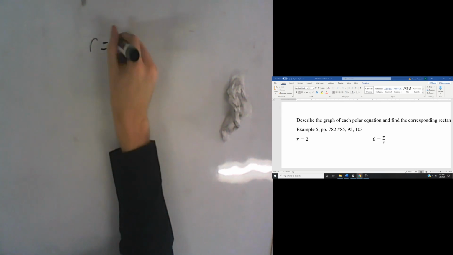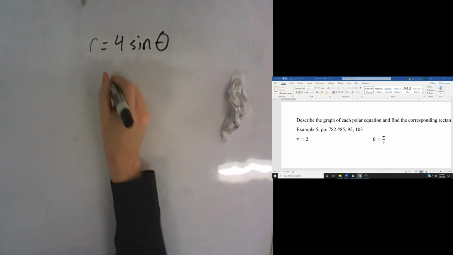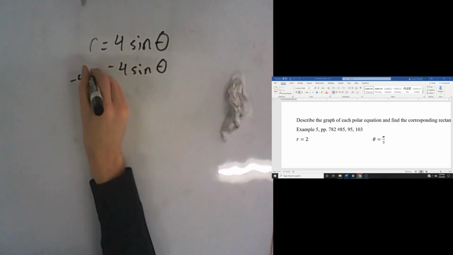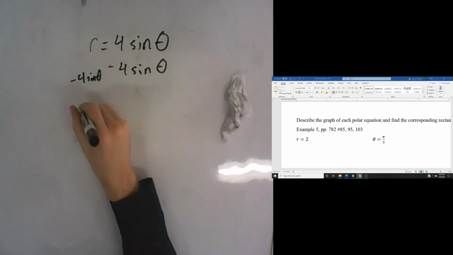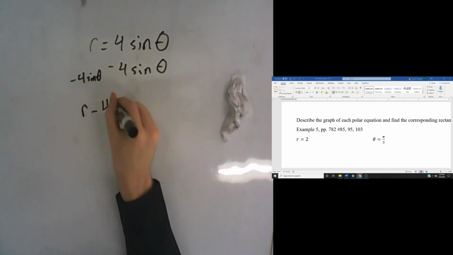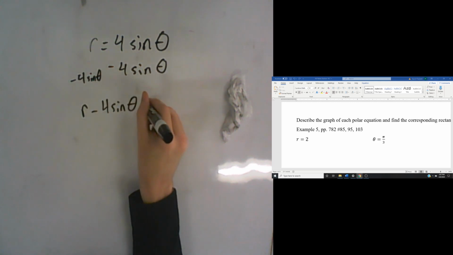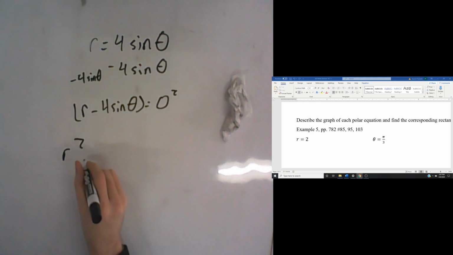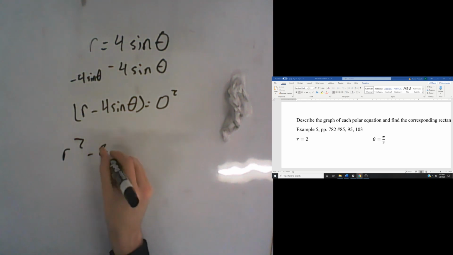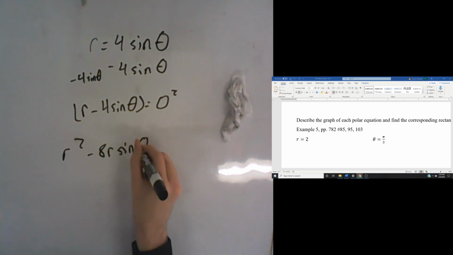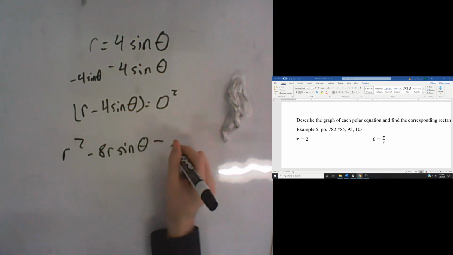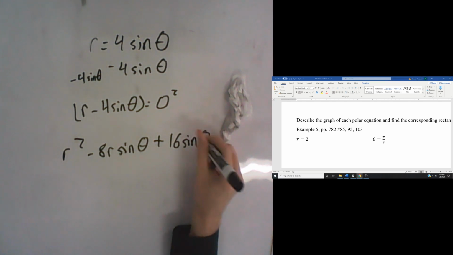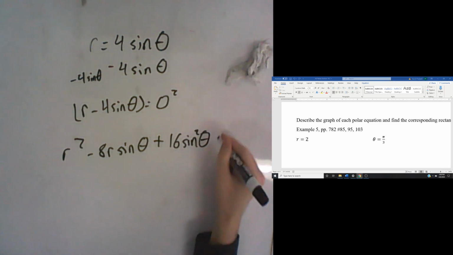So we get r equals 4 sine theta, and subtract 4 sine theta from both sides. It's going to have the same problem. If I square both sides, you get r squared minus 8r sine theta plus 16 sine squared theta equals 0.